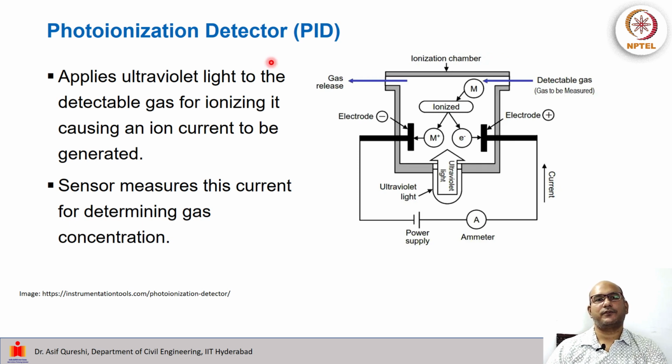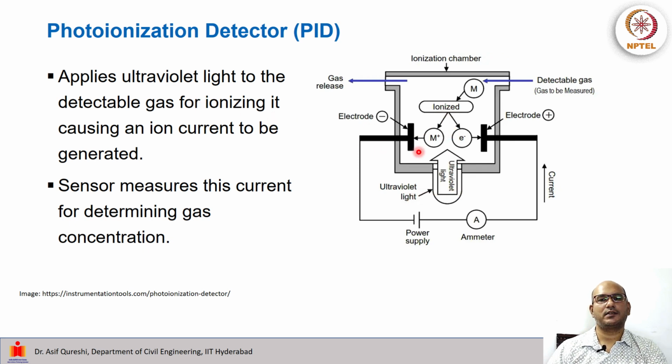The next is the photoionization detector. This applies ultraviolet light to the detectable gas for ionizing the gas and causing an ion current to be generated, and then a sensor measures this current for determining gas concentration. Here we have the detectable gas, which is the gas to be measured, coming into the ionization chamber. Here we have the UV light source.